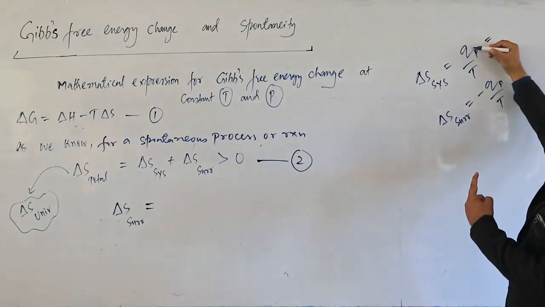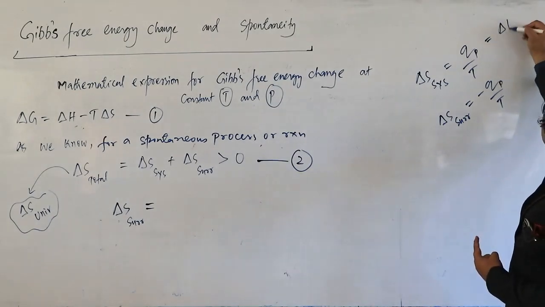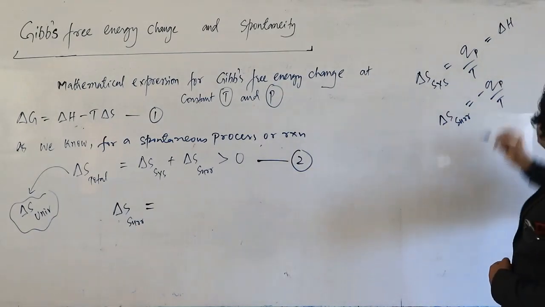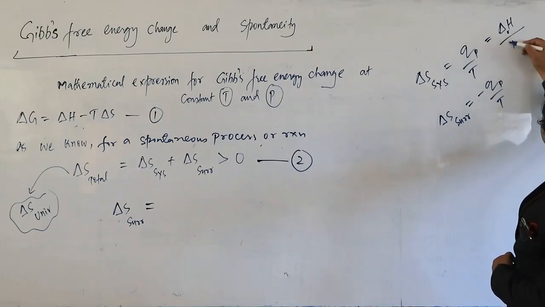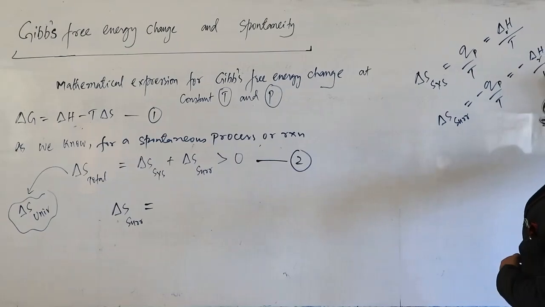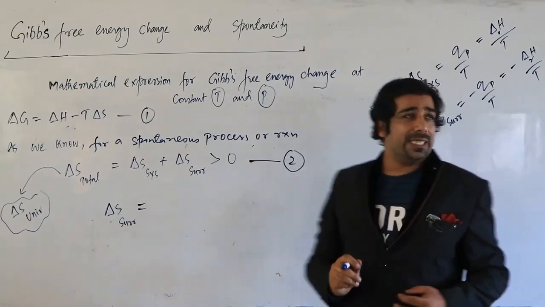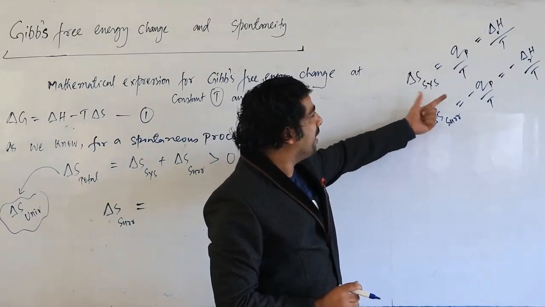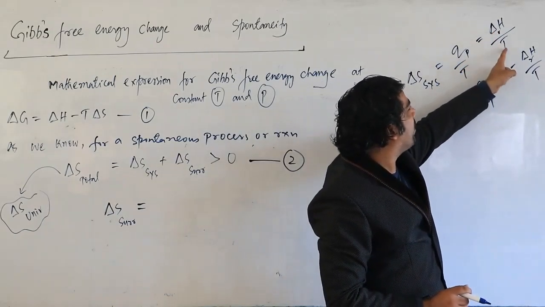Heat absorbed at constant pressure is equal to delta H of a reaction. So delta S surroundings will be equal to minus delta H upon T. If this is the entropy of a system, it will be equal to delta H upon T.